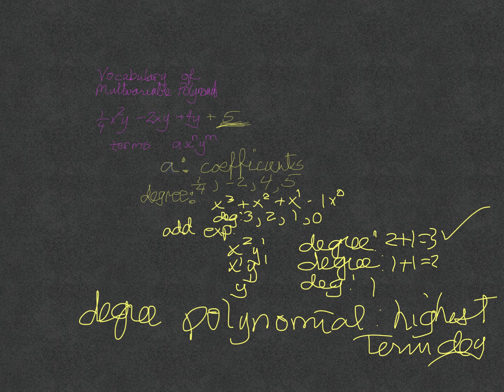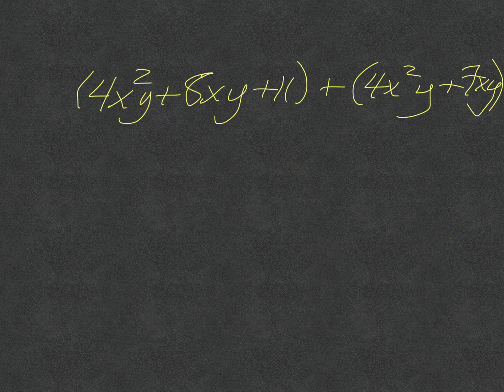Now, at this point, all we have to do is add, subtract, and multiply these multivariable polynomials. So let's go and talk about that. So here's our first example, 4x squared y plus 8xy plus 11 plus 4x squared y plus 7xy.